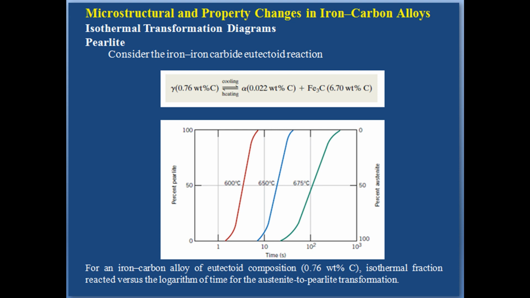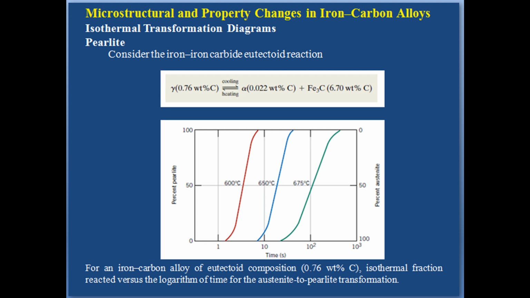To the left of the transformation start curve, only austenite, which is unstable, is present, whereas to the right of the finish curve only pearlite exists. In between, the austenite is in the process of transforming to pearlite, and thus both microconstituents are present.